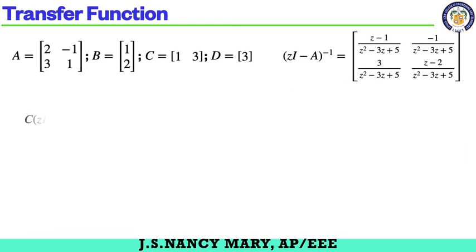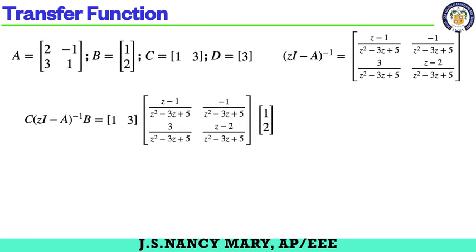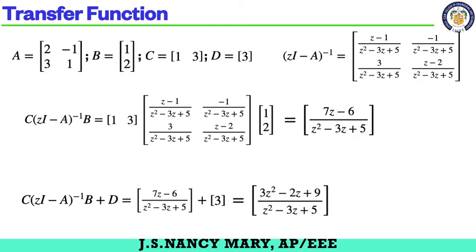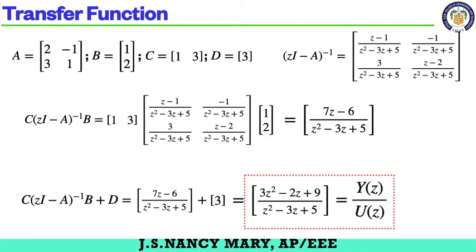Now I need to multiply it, so I'm multiplying it with this one. So finally I'll be getting 7z minus 6 divided by z square minus 3z plus 5, which will be added with 3. I need to take the LCM. So after taking the LCM, I'll get the final equation as 3z square minus 2z plus 9 divided by z square minus 3z plus 5. So this is my transfer function. So this is the final solution for the given problem.